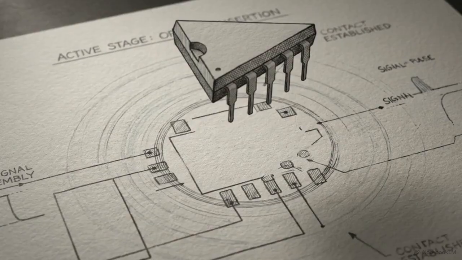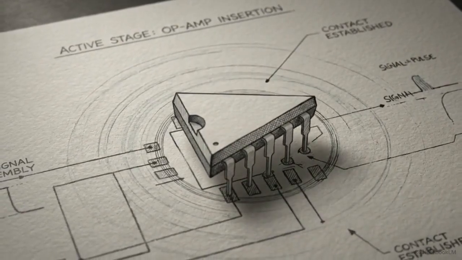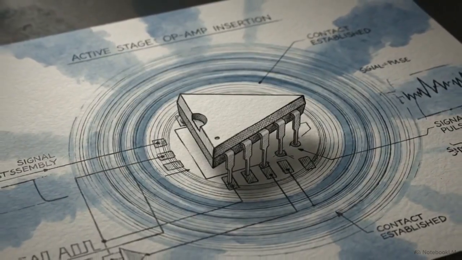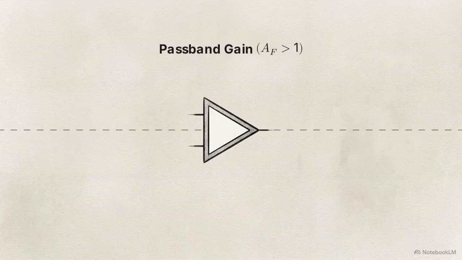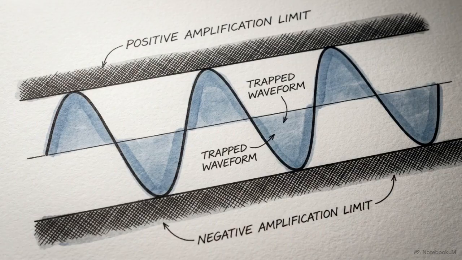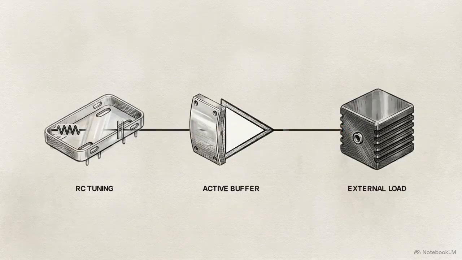To fix the voltage loss and the impedance shift, we combine the passive RC network with an operational amplifier, transforming it into an active filter. The op-amp does 2 things. First, it provides passband gain, physically amplifying the signal back up to full strength. Second, its inherently high input impedance acts as a buffer, completely isolating the sensitive RC tuning network from any downstream load.